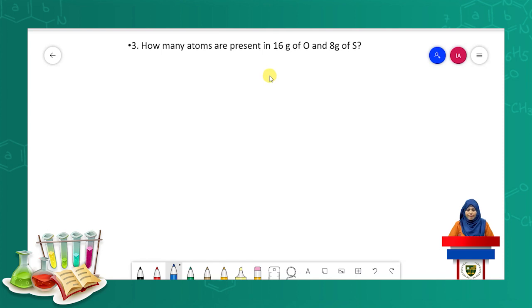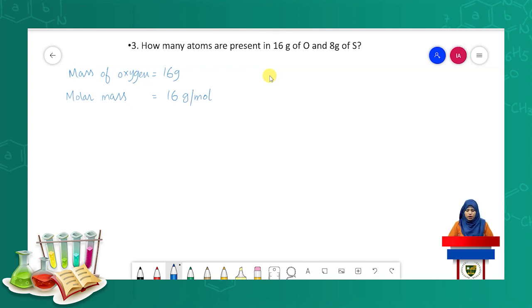So we know that mass of oxygen is 16 gram, which is given, and molar mass of oxygen is 16 grams per mole. And we have to calculate number of atoms.